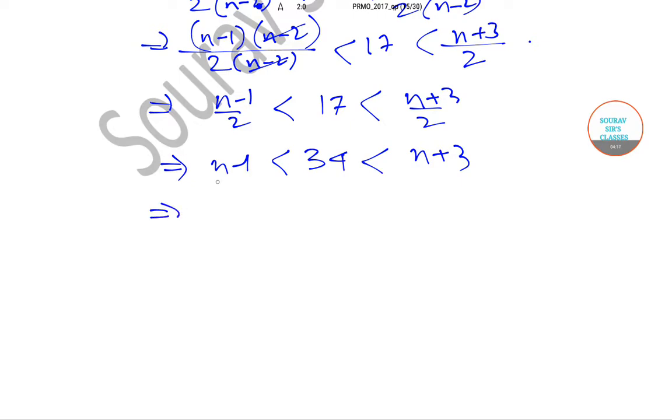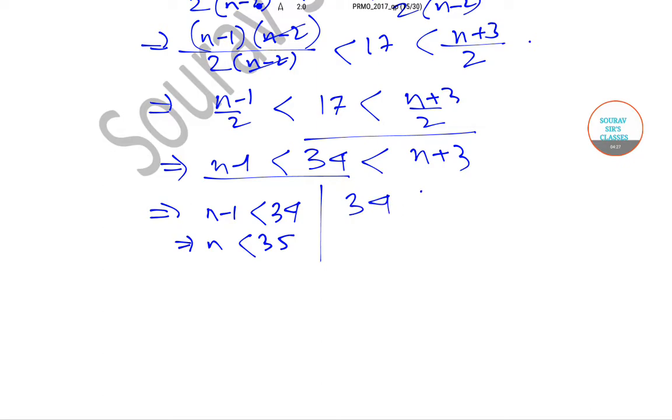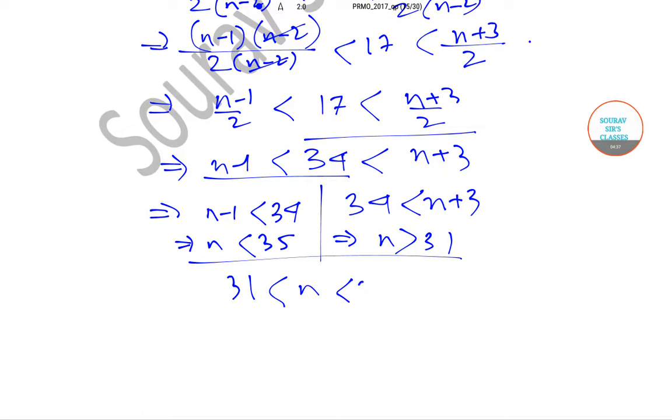If we take this section, we get n minus 1 less than 34, which implies that n is less than 35, and if we take the other section, we get that 34 is less than n plus 3, which implies that n is greater than 31. If we combine these two, n lies between 31 and 35.